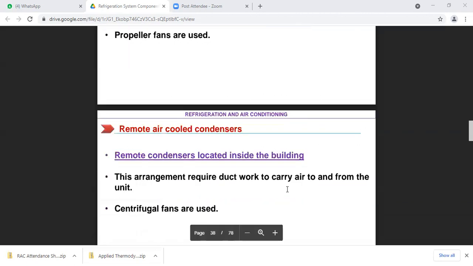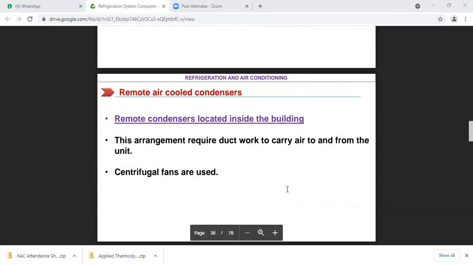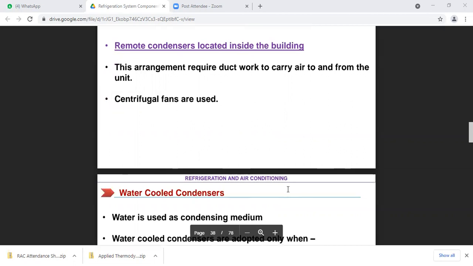This arrangement requires a duct system to carry the cooled air, or fresh air, to the refrigerator air.